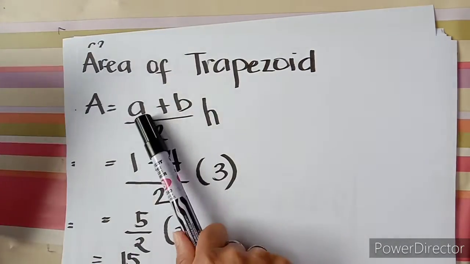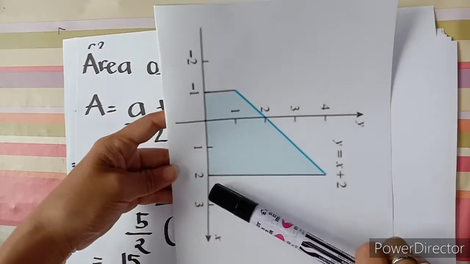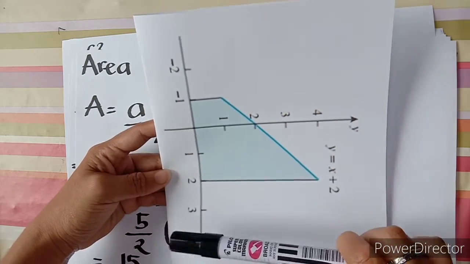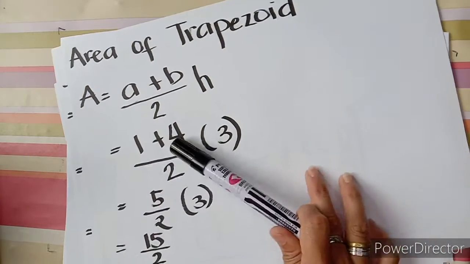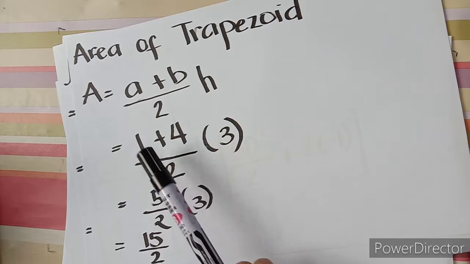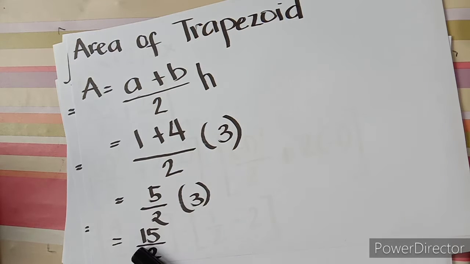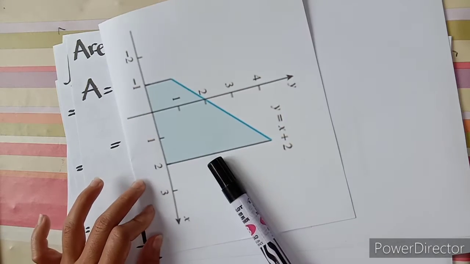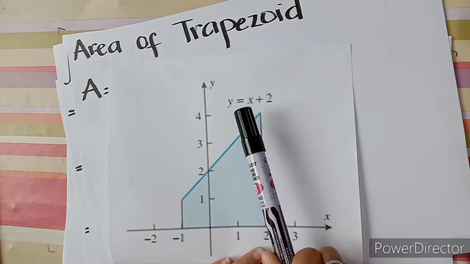So we have A equals 1 plus 4, times height. The height is 1, 2, 3, so there are 3 units. So 1 plus 4 is 5, over 2 times 3, is equal to 15 over 2, which is the area of this trapezoid.